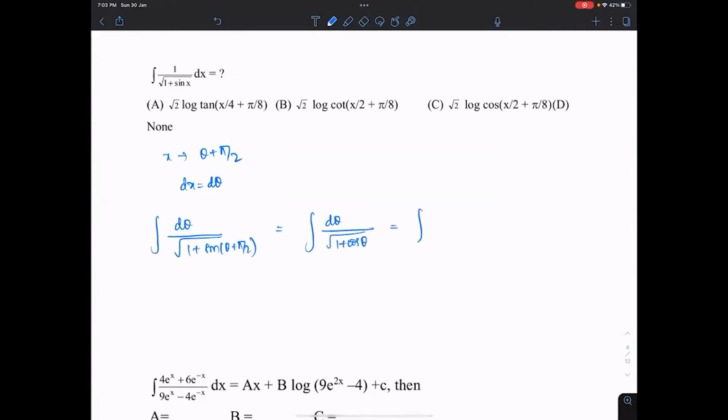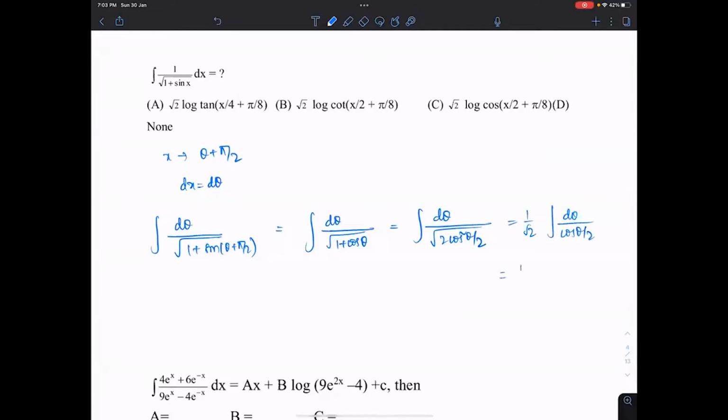And what is 1 plus cos theta? 1 plus cos theta is 2 cos square theta by 2. It is easy to do in 1 plus cos, because the formula is like that. Square is there, root will get cancelled. So you'll get 1 by root 2 times integral d theta by cos theta by 2.